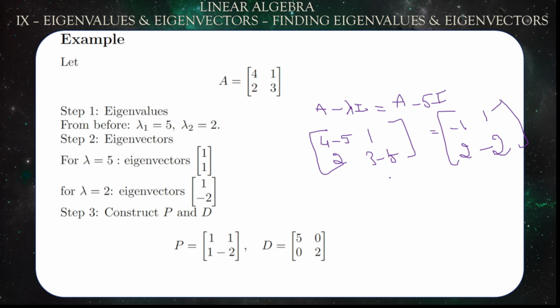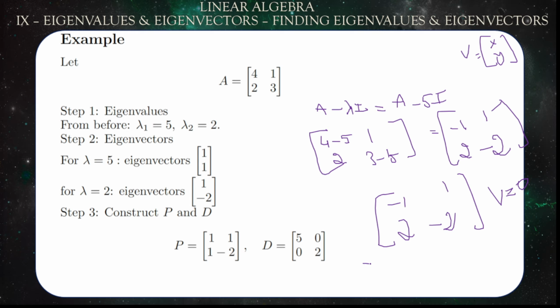Let's get the solution. We multiply by a vector v, designated as v equal to (x, y), and we need to find the coordinates of that v by solving this equation. So [minus 1, 1; 2, minus 2] times v equals 0, where v is (x, y).